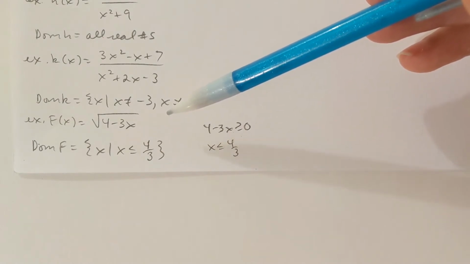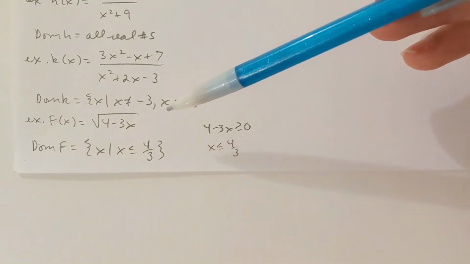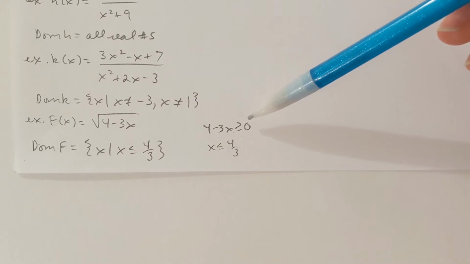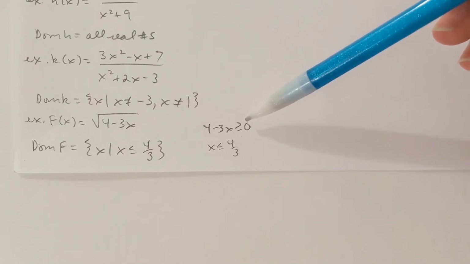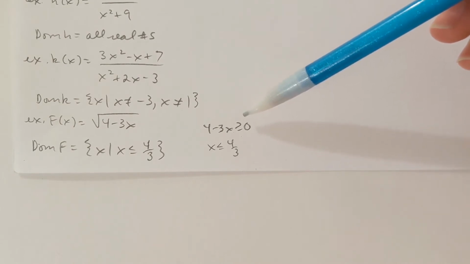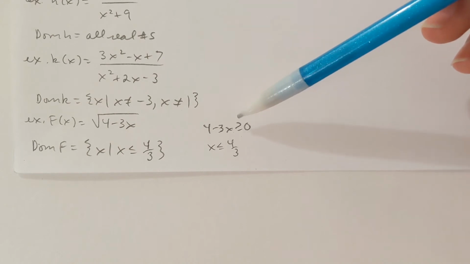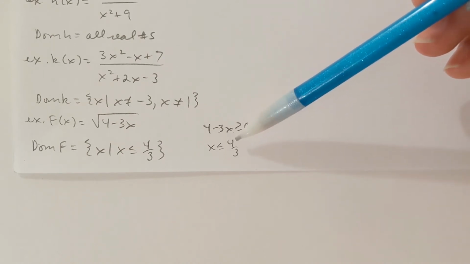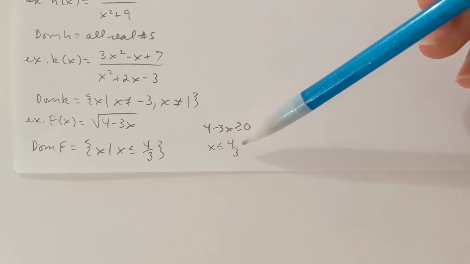If I have another example, f of x equals the square root of 4 minus 3x. 4 minus 3x cannot be negative, it has to be 0 or positive. So if I solve this inequality, 4 is greater than or equal to 3x, divided by 3, 4/3 is greater than or equal to x.